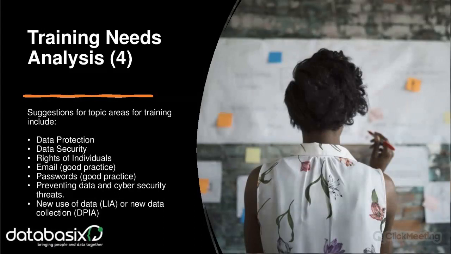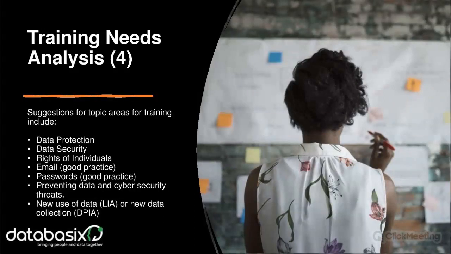So do you need to provide your teams with legitimate interest assessment training? What about people that are deciding new IT systems that are going to be implemented? Do you want them to be given the necessary information to be able to do a risk assessment, things such as a data protection impact assessment?